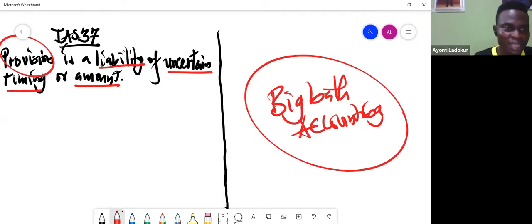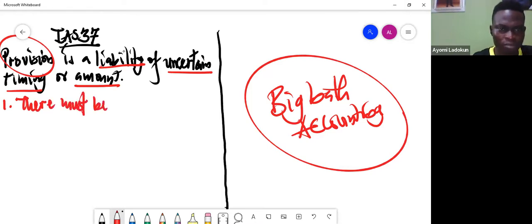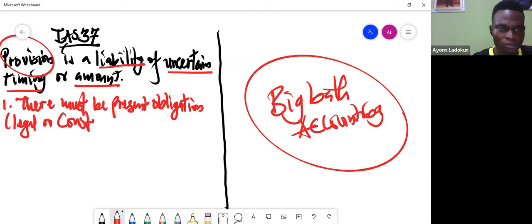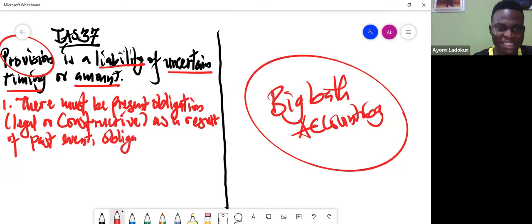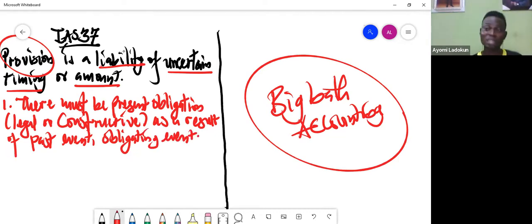Number 1, there must be a present obligation, legal or constructive, as a result of past events, which is the obligating event. Okay, so that's the first condition.